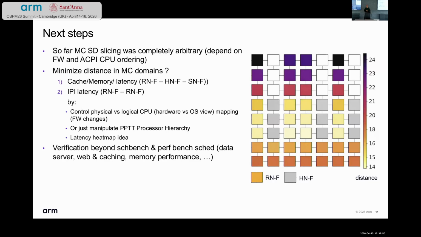But the issue is, how do you use this information to create multi-cluster domains? Because there is no hierarchy in this information. You have some good CPUs, you have bad CPUs, but how do you cluster them? Do you put some good and some bad together? I don't really have a good idea there.